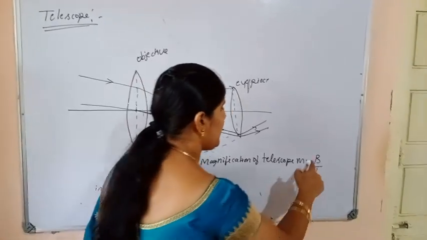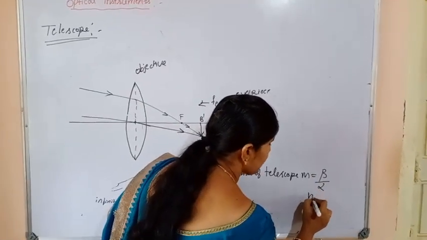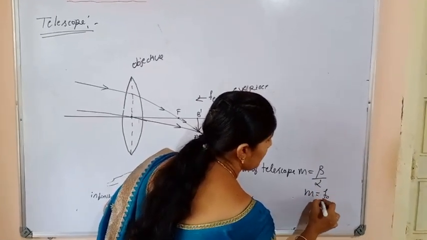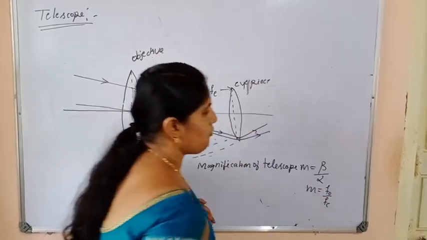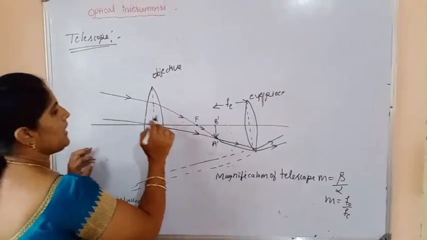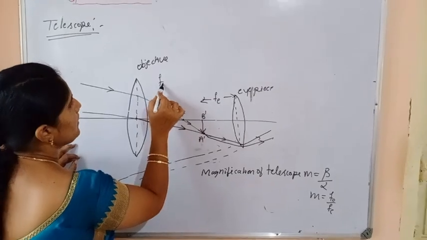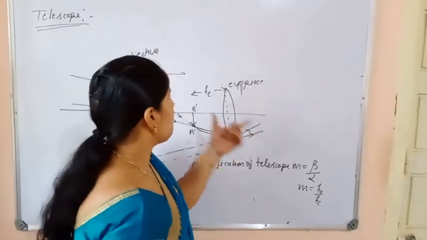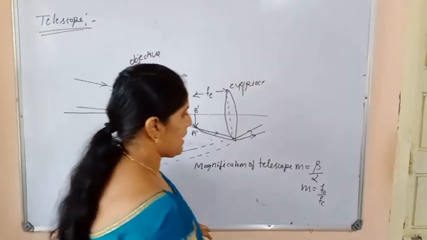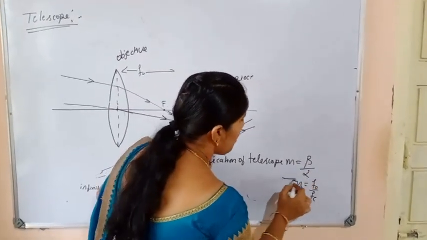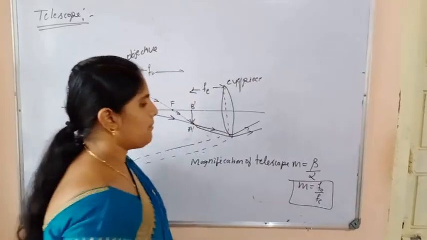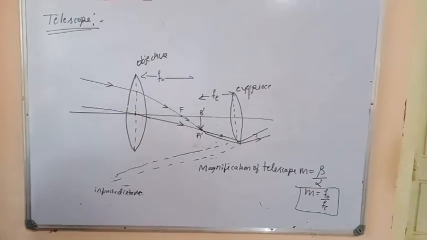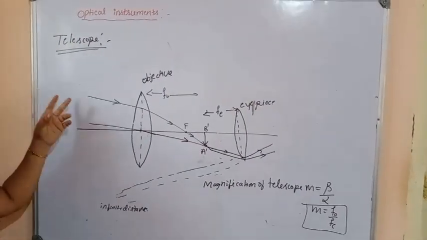So this beta by alpha can also be written as M is equal to Fo by Fe. Fo is the focal length of the objective, Fe is the focal length of the eyepiece. This is the expression for magnification power of telescope.